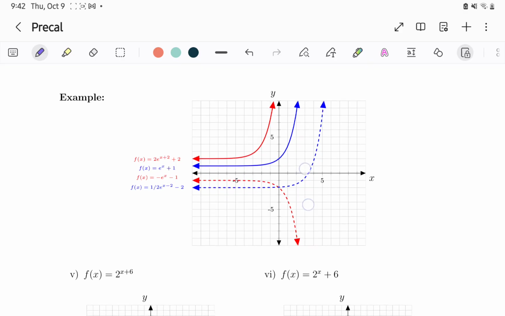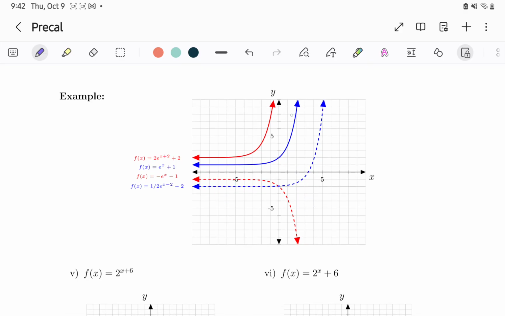Okay, and before we get into the next set of examples, we have a collection of graphs which are just transformations of the parent function f of x equals e to the x. So here in solid red, we have the graph of f of x equals 2 times e to the x plus 2, and then plus 2. And so this plus 2 here at the very end is, of course, a vertical shift up 2 units.